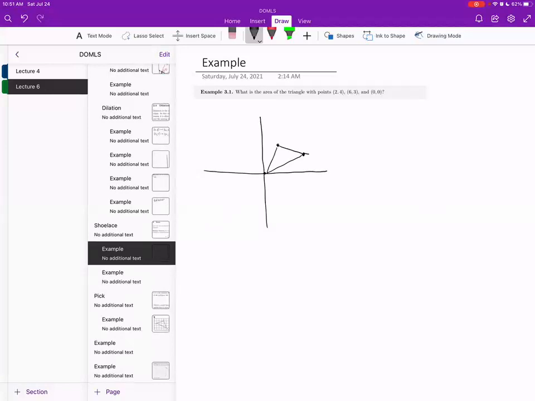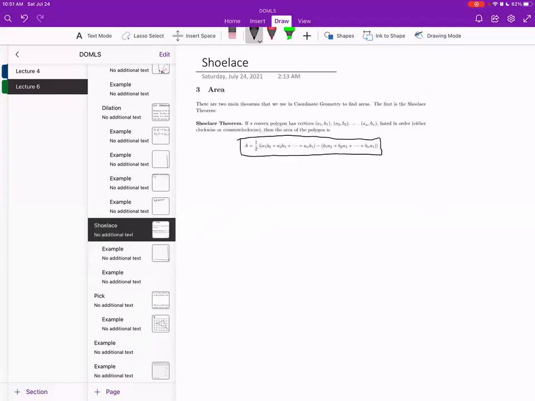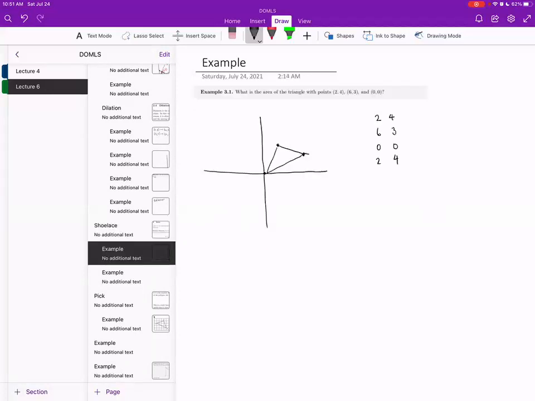What we can do is list the coordinates like this: 2, 4, 6, 3, 0, 0, and 2, 4. Now, to get this formula, rather than thinking about it algebraically like this, which might be a bit hard to think about, you can actually do it like this.